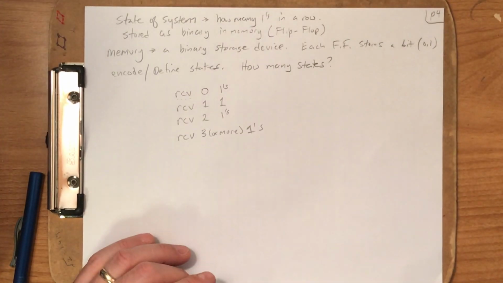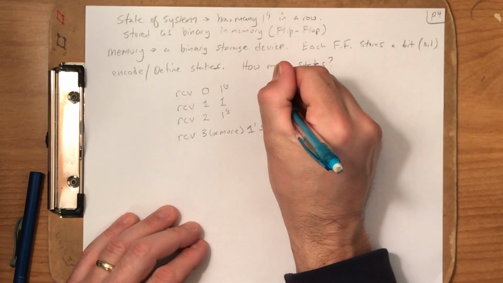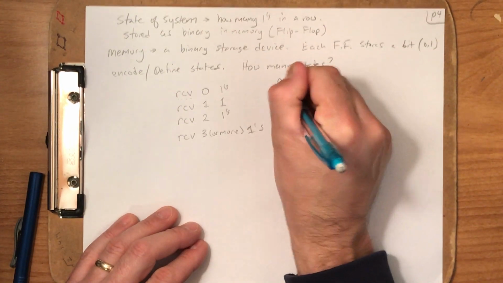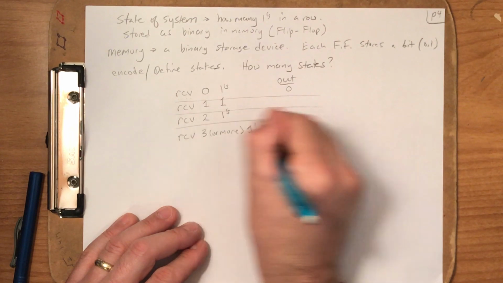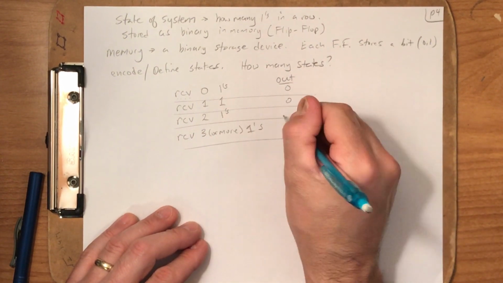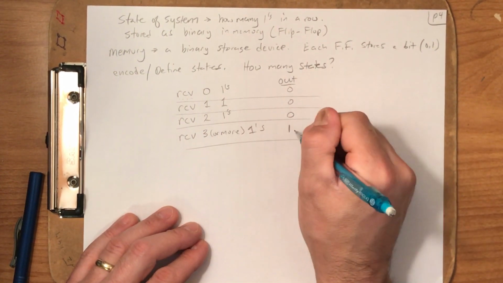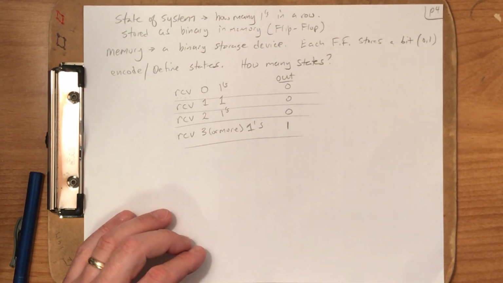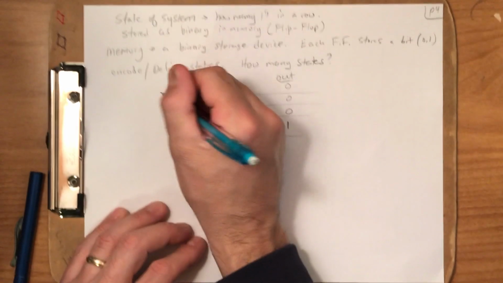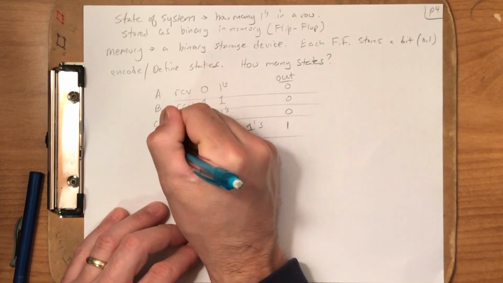And then we've received 3 or more ones. So the output will be 0 in this case, 0 in this case, 0 in this case, and then once we receive 3 or more ones in a row, we receive a 1. So I'll call this A, B, C, D.